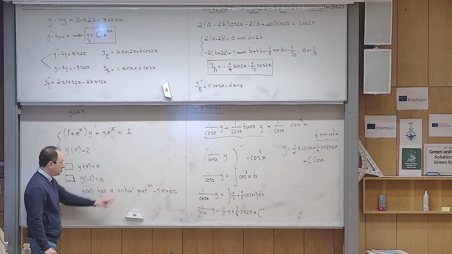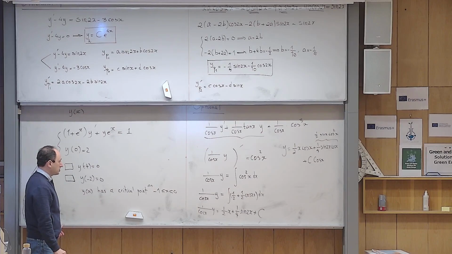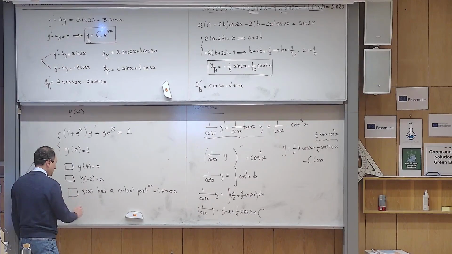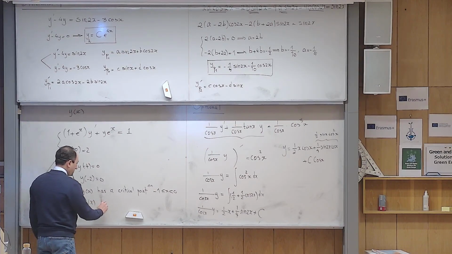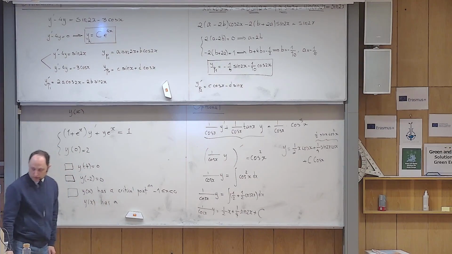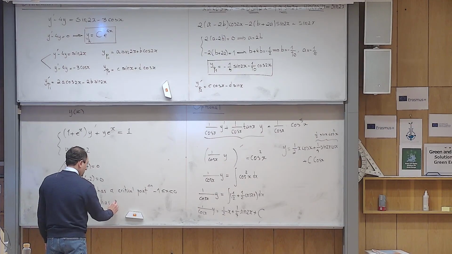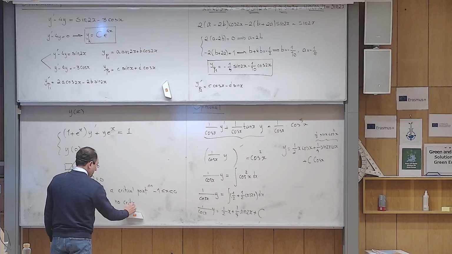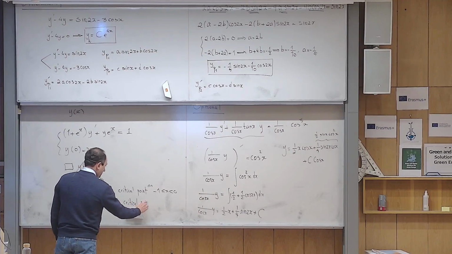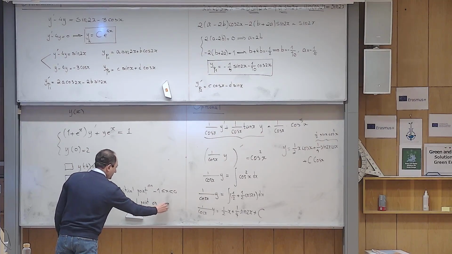So a critical point is a point that makes the derivative equal to 0. And y of x has no critical point on the same interval, yes?